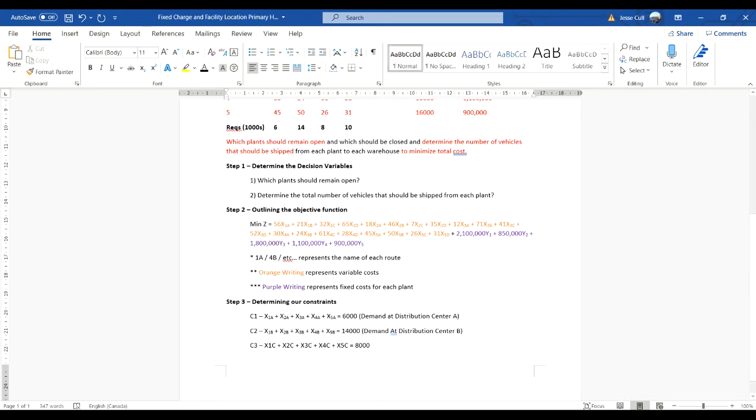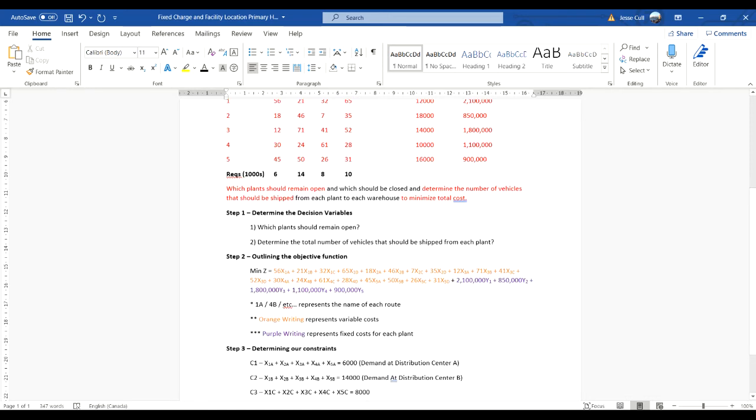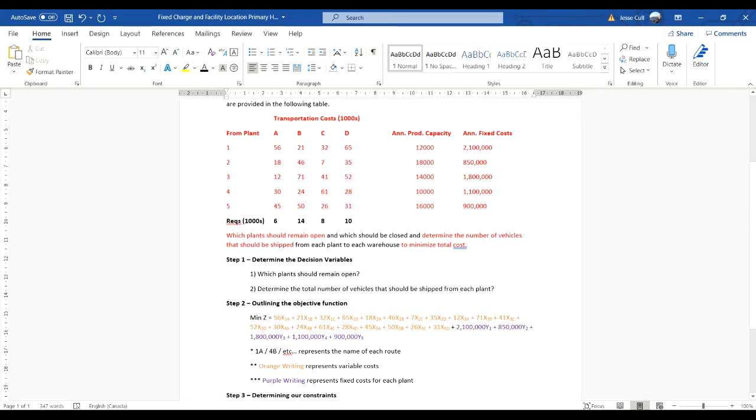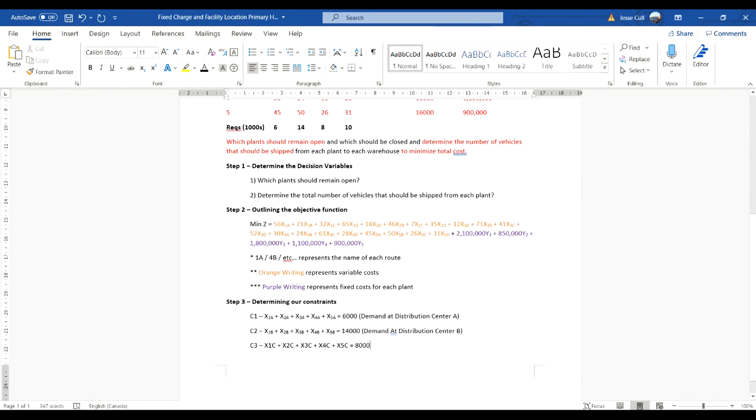And we're seeing that right here. All shipments from 1, 2, 3, 4, 5 to C must equal 8,000 units because that is demand at distribution center C. Again, we minimize because these represent only the shipping routes.